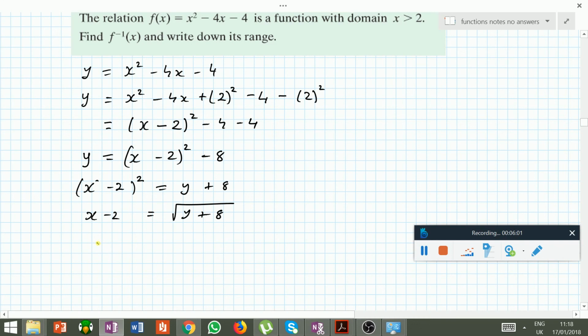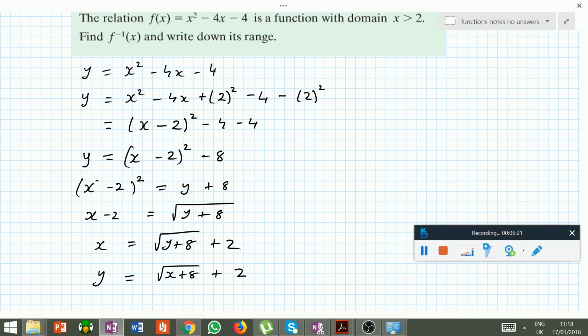And then x is equal to the square root of y plus 8, plus 2. Now again, the next step is to swap the y's with the x's: the square root of x plus 8, plus 2. Okay, so that's your inverse, your f minus 1.